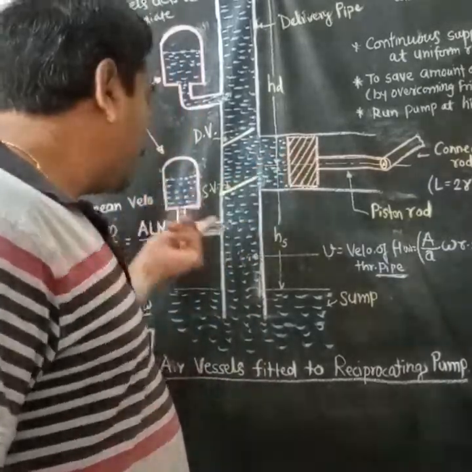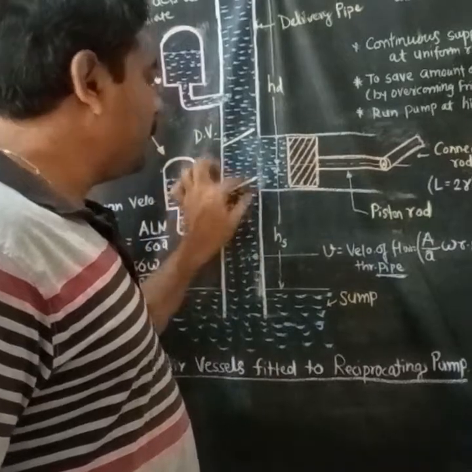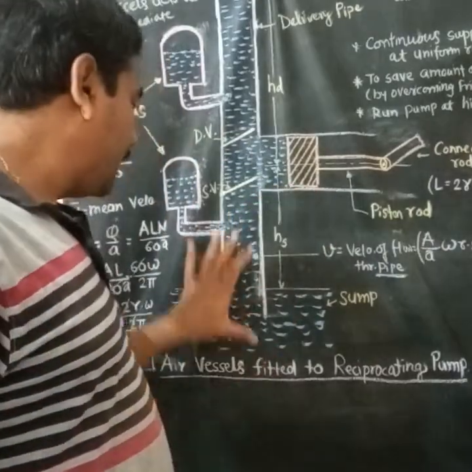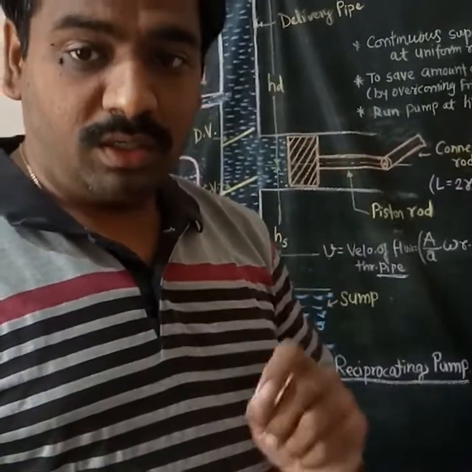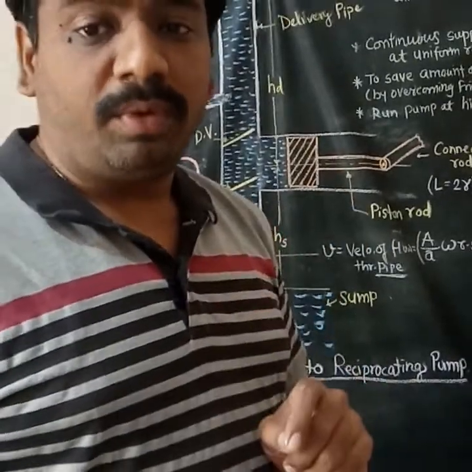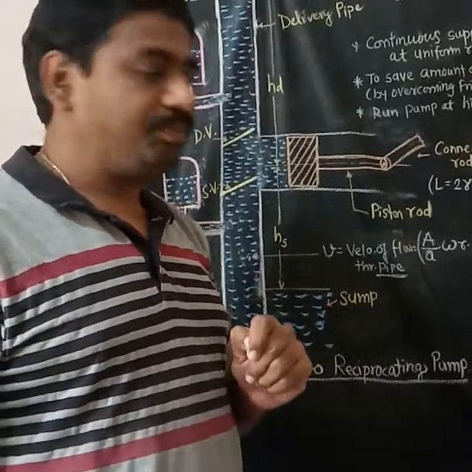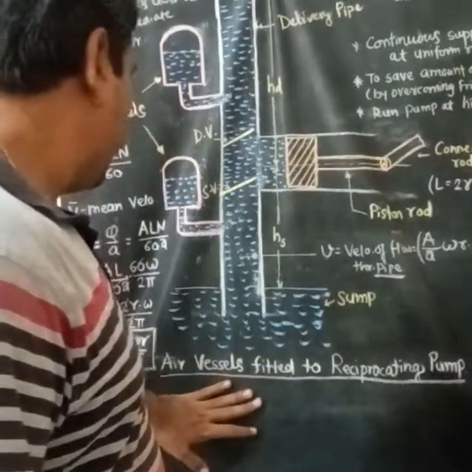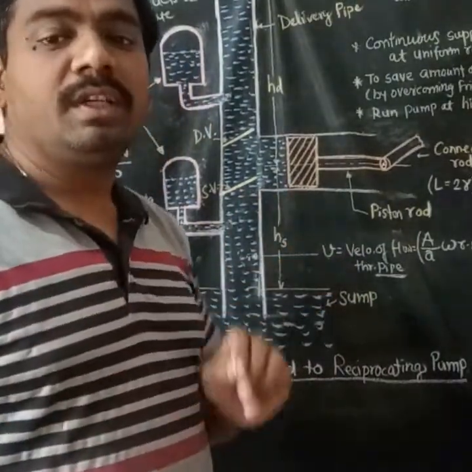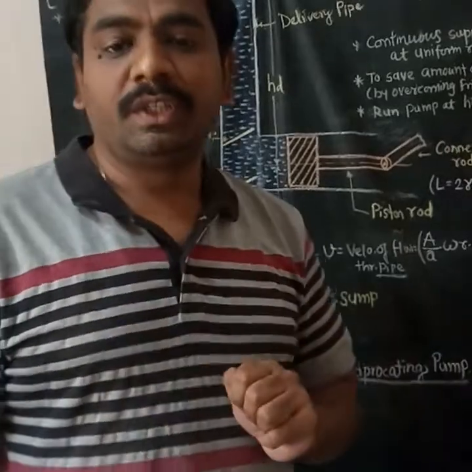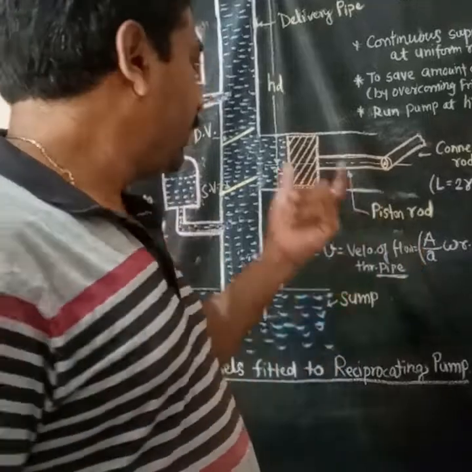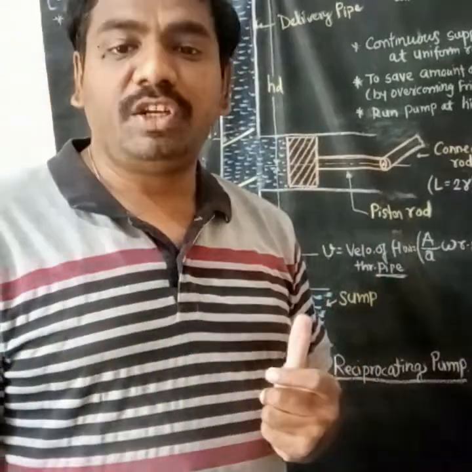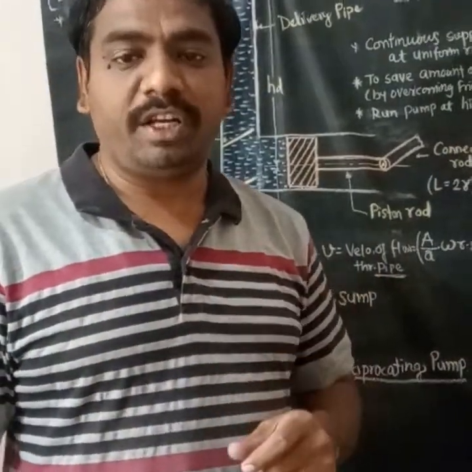So this fluid will be delivered directly here, and there will be only some frictional resistance, but this amount of frictional resistance can be achieved, and that's why the work done saved by this reciprocating pump can be observed. So in this way this air vessel can work. I hope you understand the working of this air vessel in a reciprocating pump.